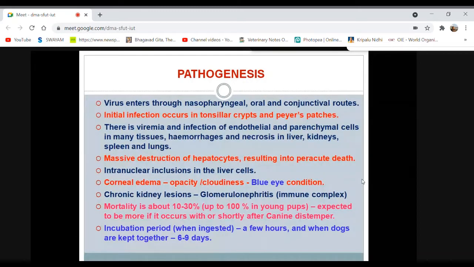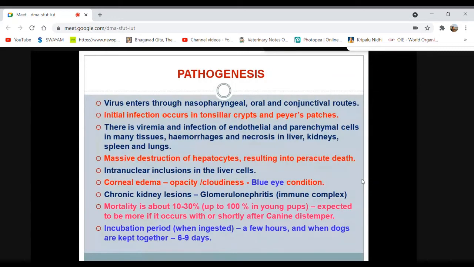That is known as blue eye condition. Very typically it is mostly in both eyes, bilateral. Whenever you see the affected dog from a distance, you will find that the eye is highly opaque and cloudy, showing bluish discoloration, what is called blue eye condition. That is very much typical.